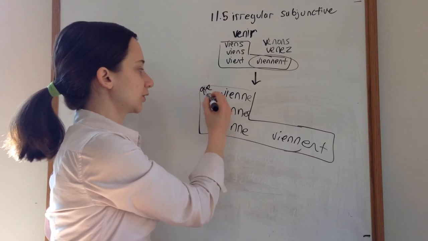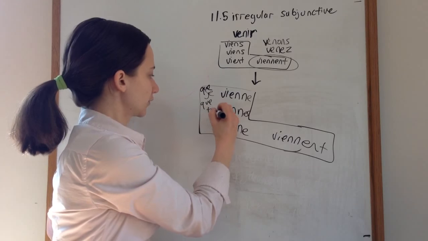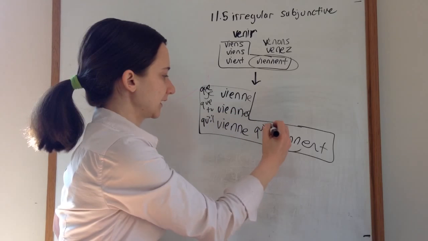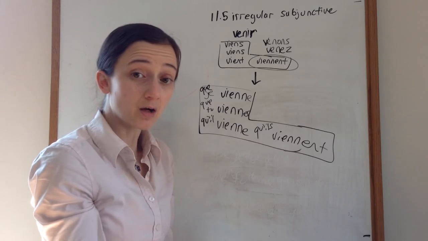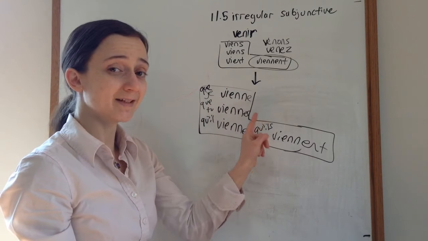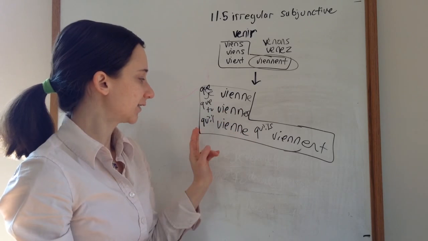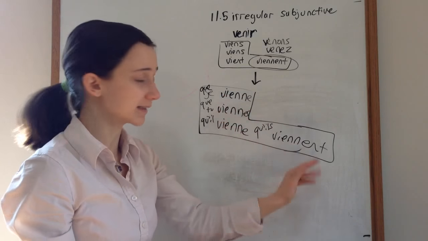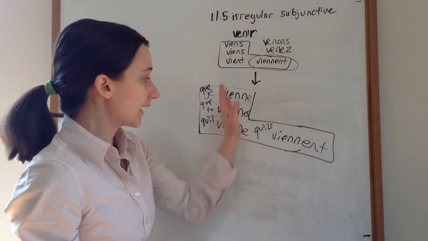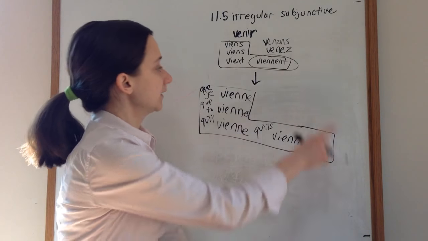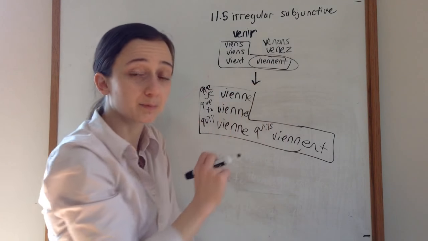Don't forget to add que. Now we pronounce the end, and it all sounds the same. Que je vienne, que tu viennes, qu'il vienne, qu'ils viennent. They're pronounced exactly the same. That's our boot. Now for the subjunctive, yes, normally you go to that third person plural.